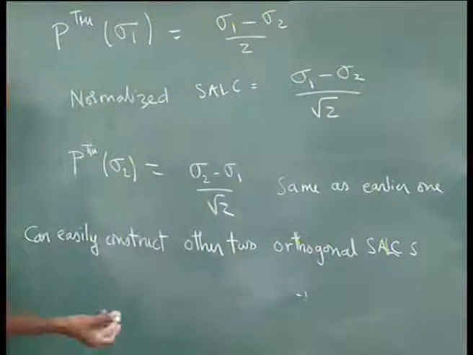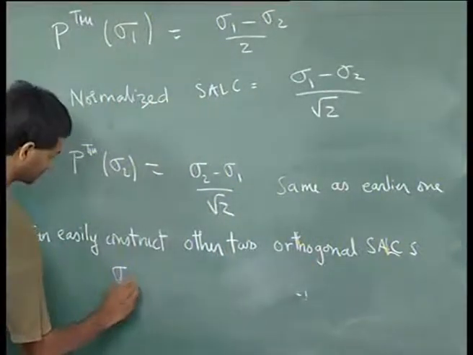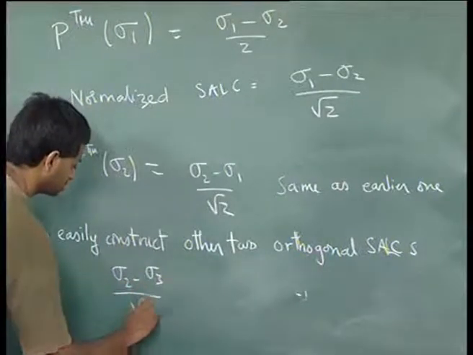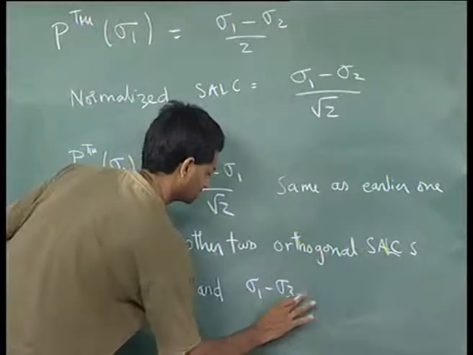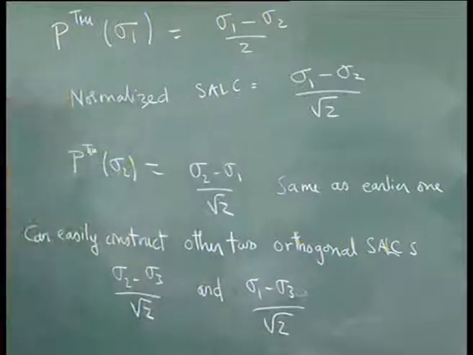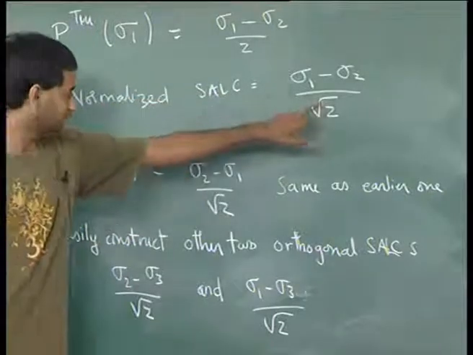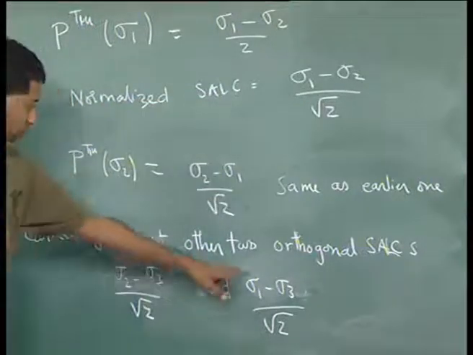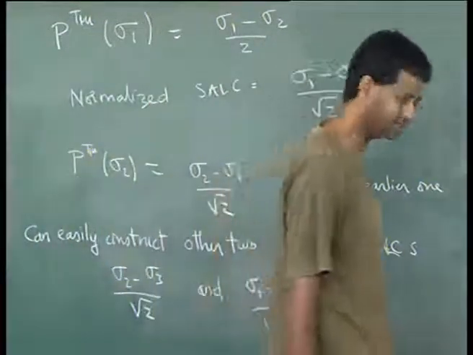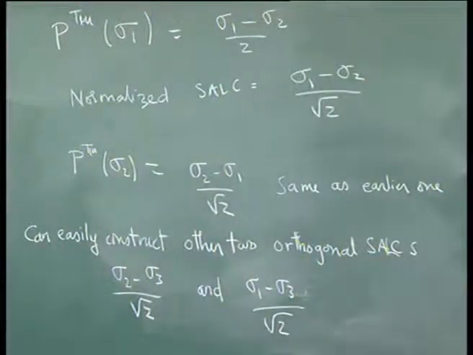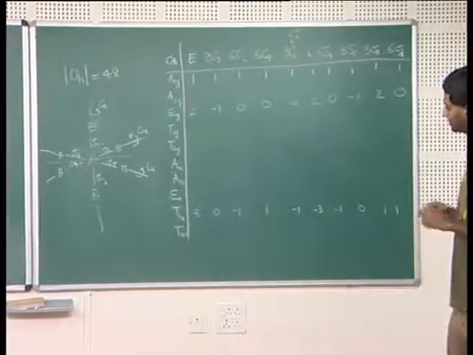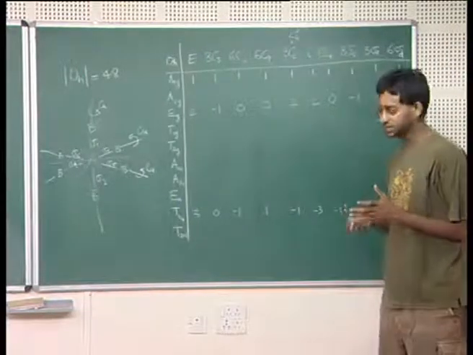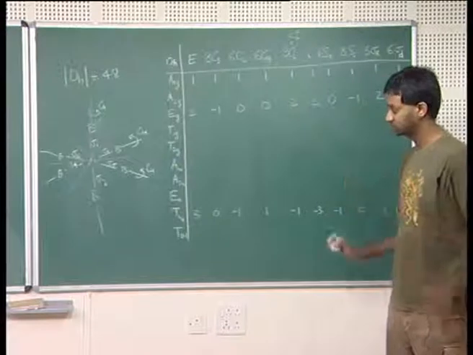You can show that they will be sigma 2 minus sigma 3 by root 2 and sigma 1 minus sigma 3 by root 2. So our three symmetry adapted linear combinations are sigma 1 minus sigma 2 by root 2, sigma 2 minus sigma 3 by root 2 and sigma 1 minus sigma 3 by root 2. And these three you can show form a basis for T1u. So what we have seen through this whole exercise, it seemed like a fairly tedious exercise, but it was very straightforward.